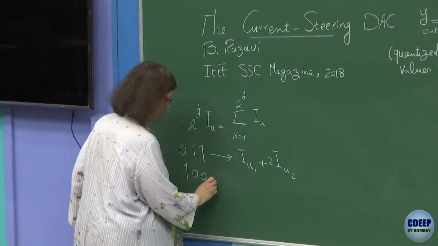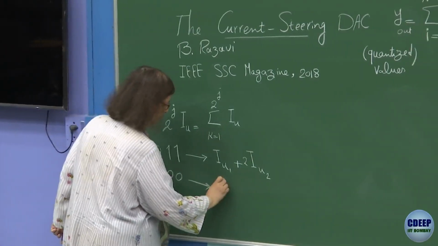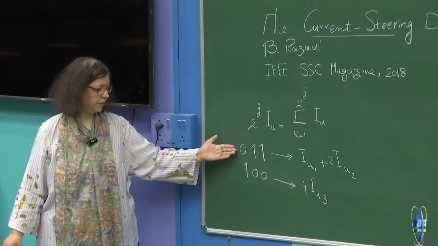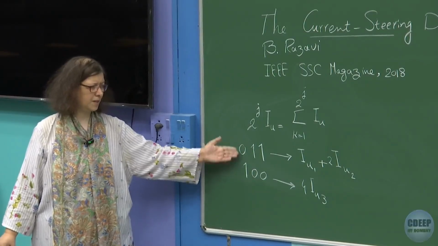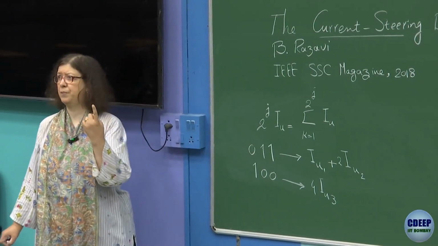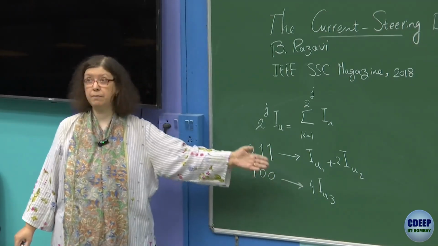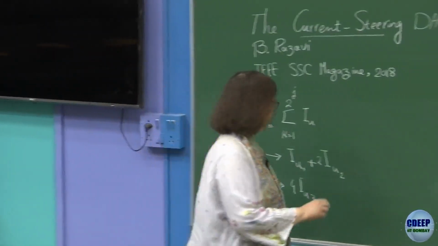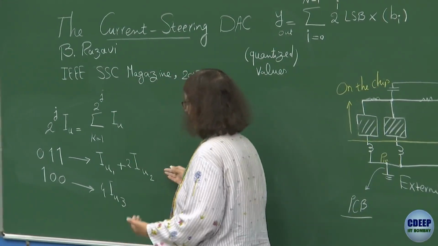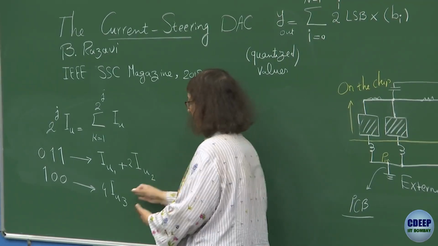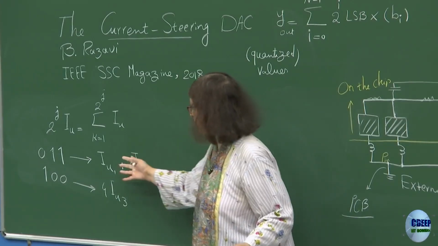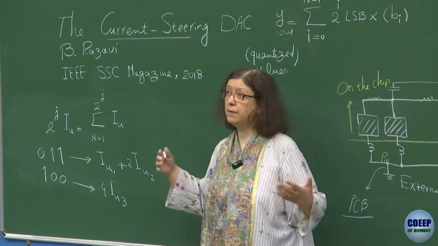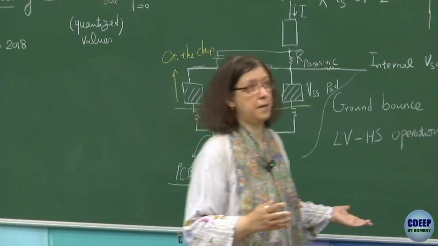The same way we did there. This is eventually for IU3, right? So if you jump from, say, this is only 2 consecutive bits. Their difference is only 1 LSB. But their analog values can have a difference of more than 1 LSB easily. Because let's say if these currents have, say, value of IU minus delta and this has IU plus delta. In fact, as soon as you switch from a network to another network, when there is no common element between networks, chances of getting a huge mismatch or variation is high.